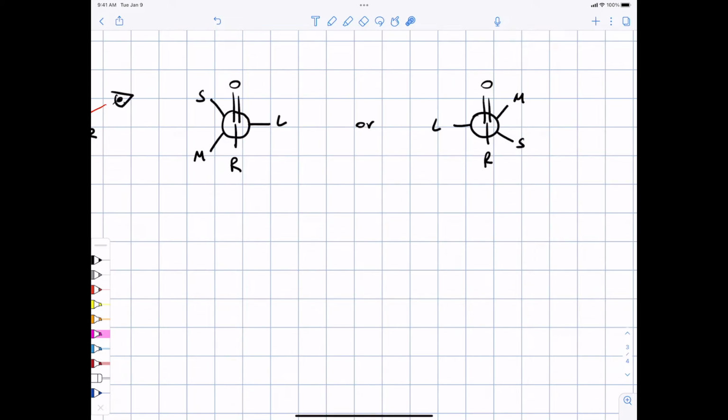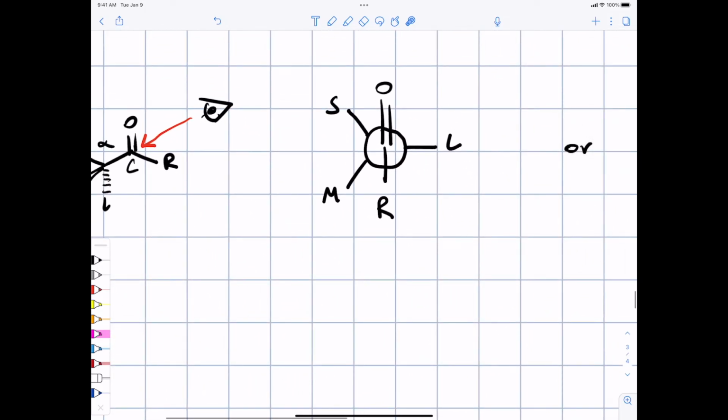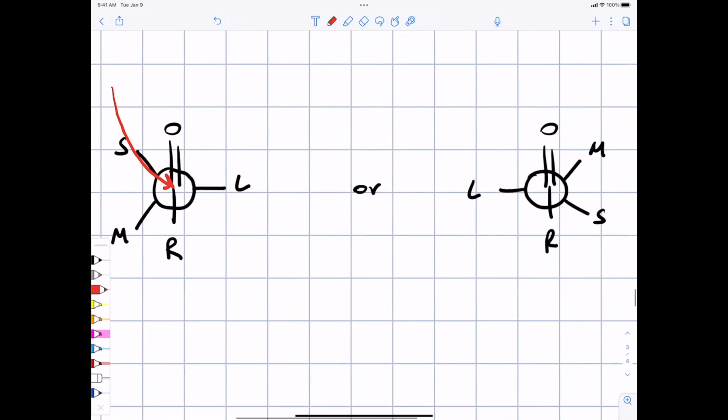Now, here's where the Bürgi-Dunitz angle becomes important, because you need to know the trajectory at which the nucleophile attacks the carbonyl. If it came in from this direction, you might think that approach from that side is good because we encounter the small group in this trajectory, but the medium group in that trajectory.